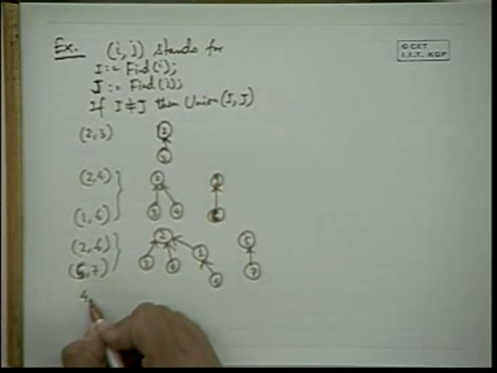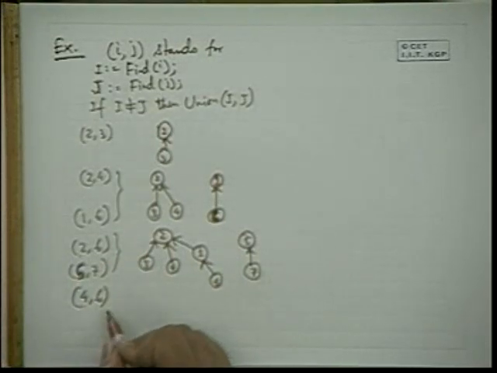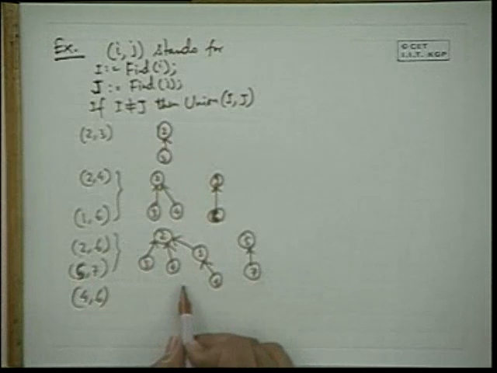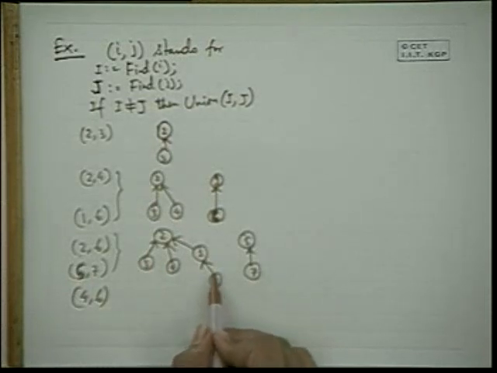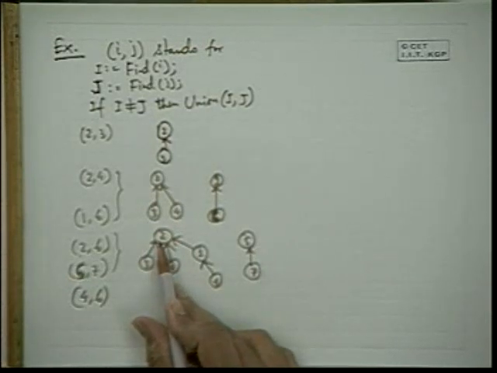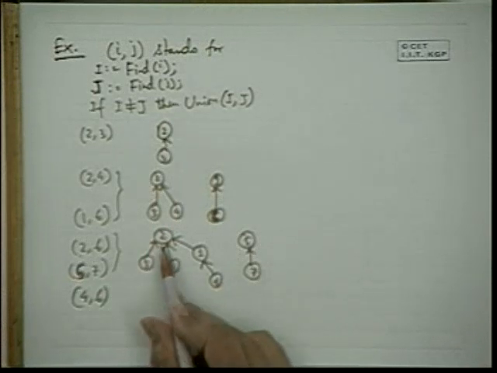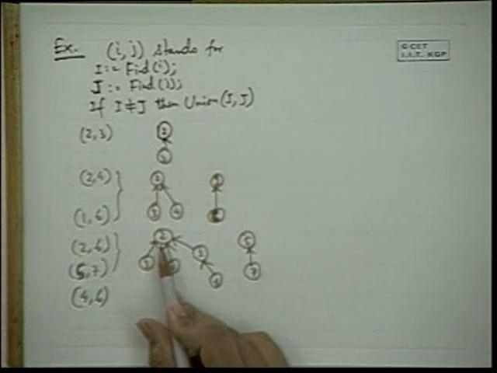Now suppose suddenly comes 4, 6. We see that 4 and 6 belong to the same tree. When you do a find operation, find 4 will give you 2, find 6 will also give you 2.